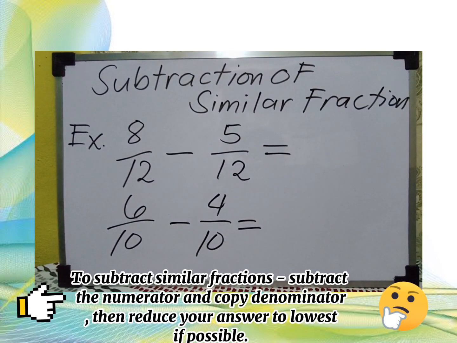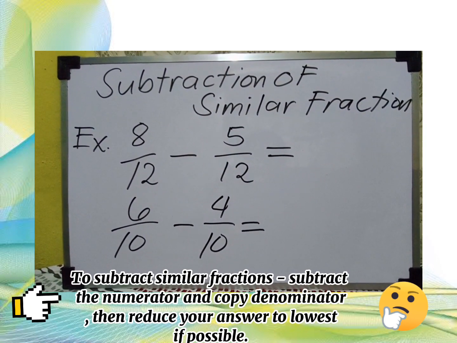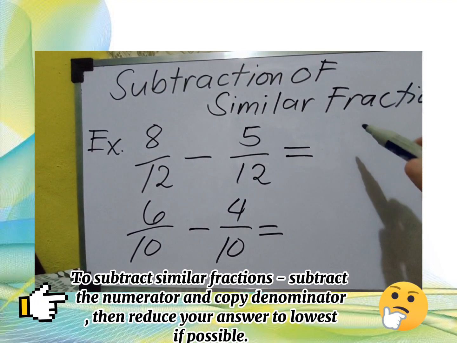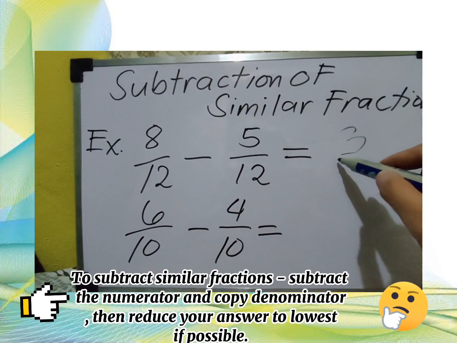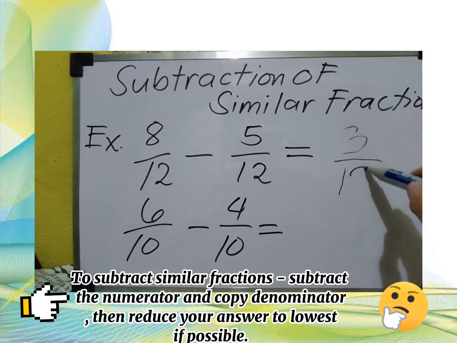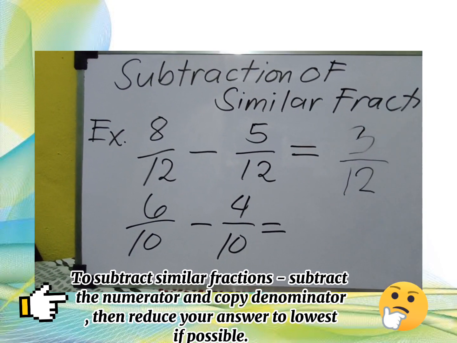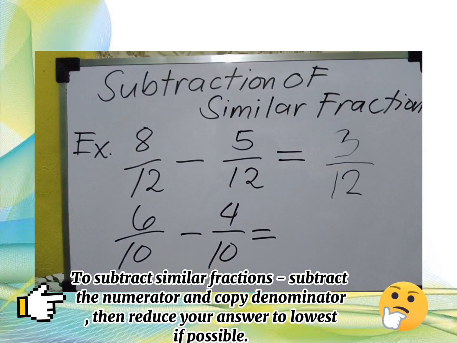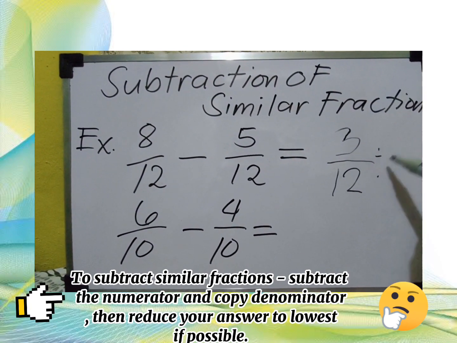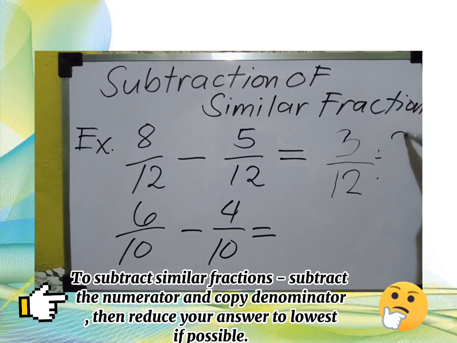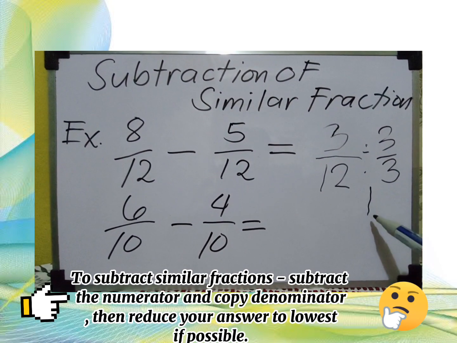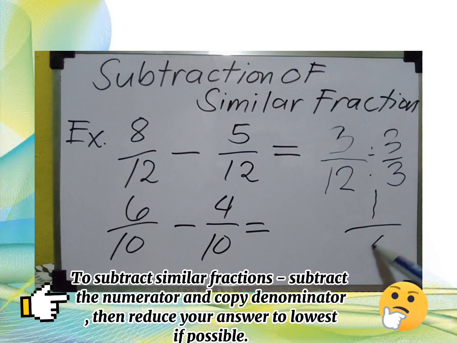To subtract, simply subtract the numerators. 8 minus 5 equals 3, and then copy the denominator 12. If possible, we are going to reduce our answer to lowest terms. 3/12 is divisible by 3. If we divide both by 3, the final answer is 1/4.